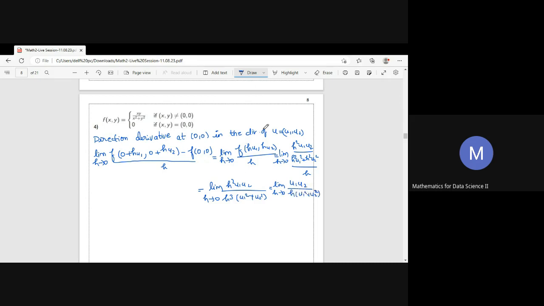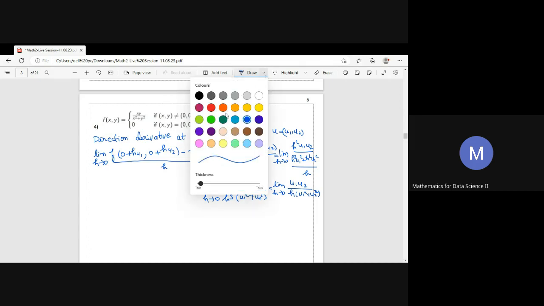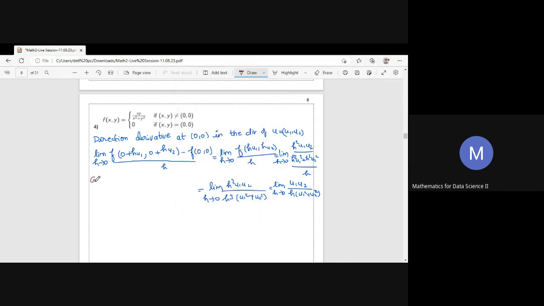Now note one thing. Up to this, we have done the usual steps. Here, one small thing you have to note. Given that your vector u equals u1 comma u2 is a unit vector, what can you say about u1 squared plus u2 squared?